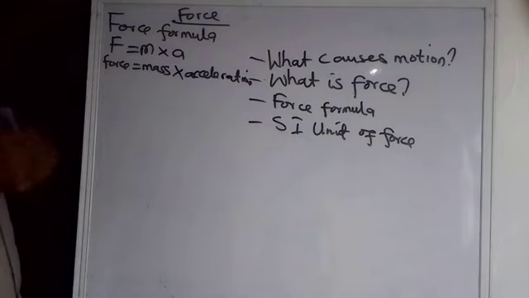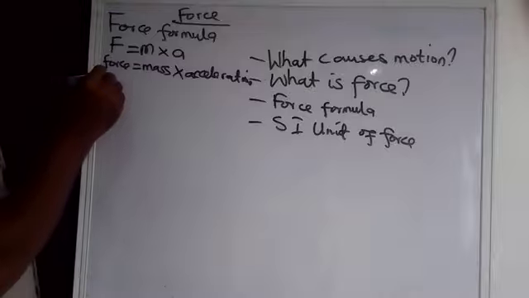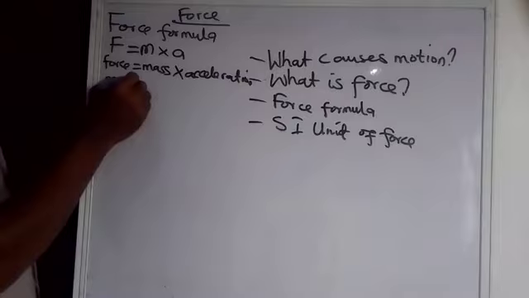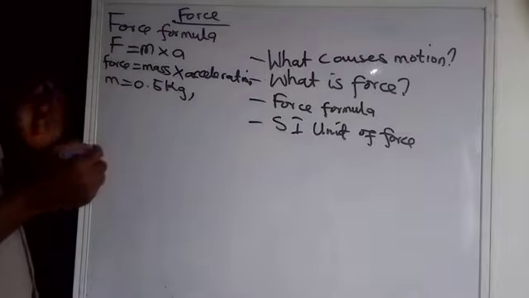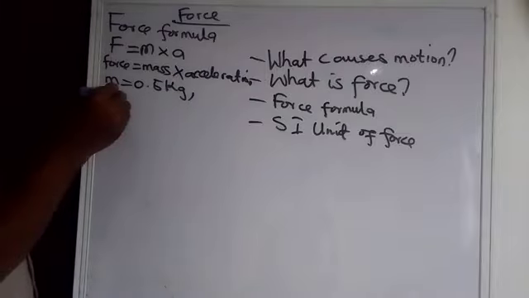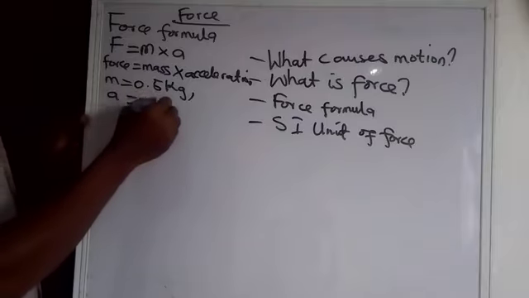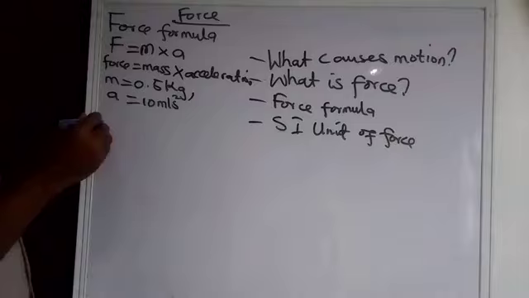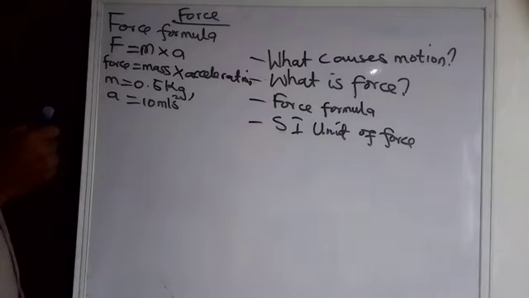Okay? Now let's give example. Imagine a tennis ball of mass 0.5 kg. When hit with the bat, it moves with an acceleration of 10 meters per second squared. Calculate the amount of force that was put on this ball.